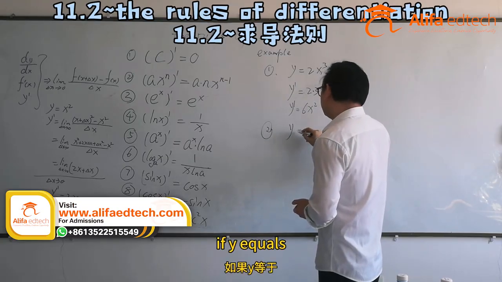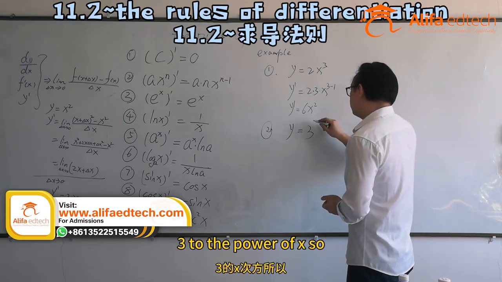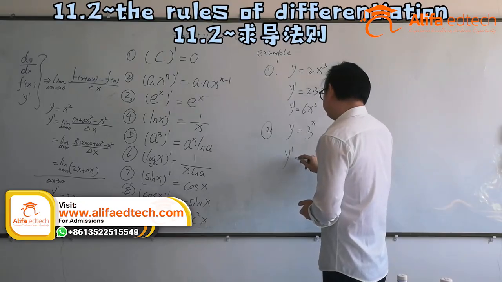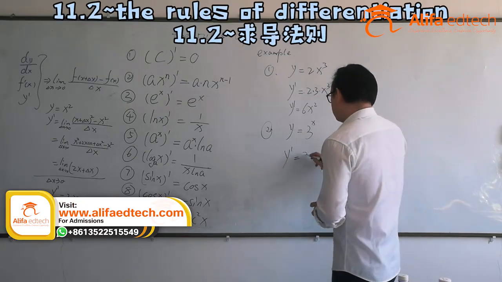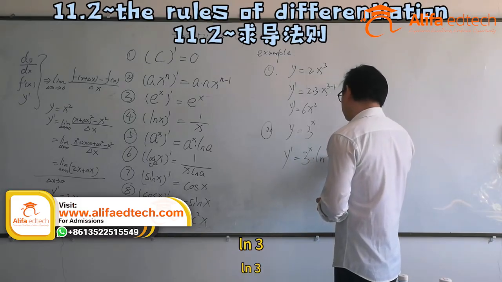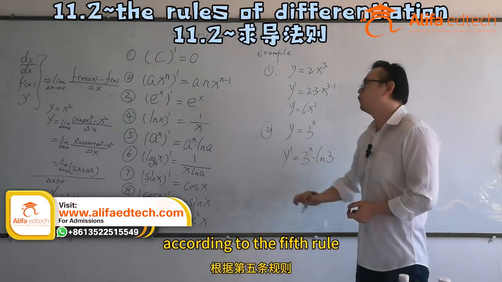If y equals 3 to the power of x, so y prime equals 3 to the power of x times ln 3, according to the fifth rule.